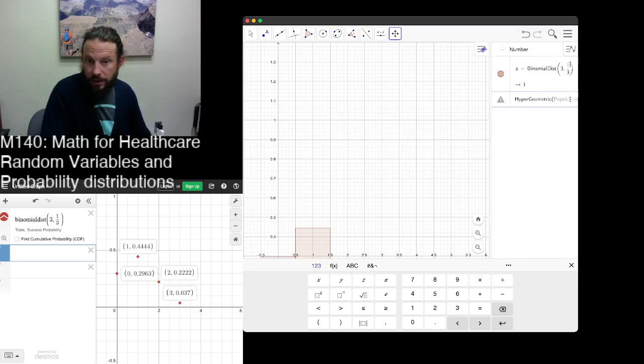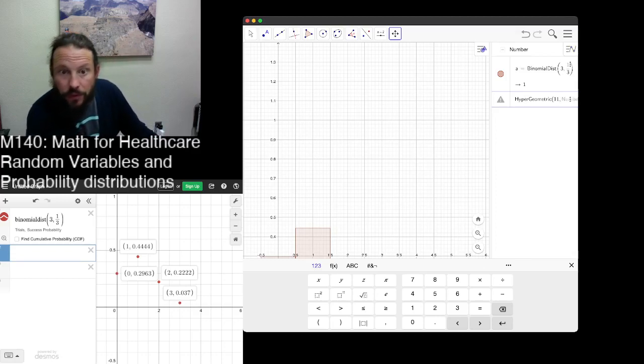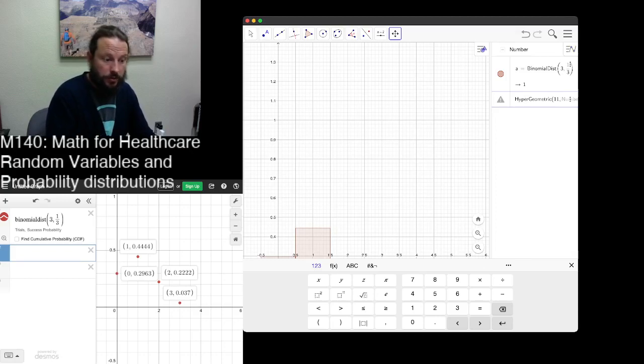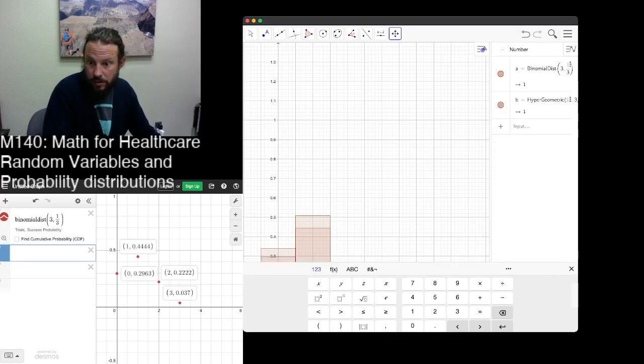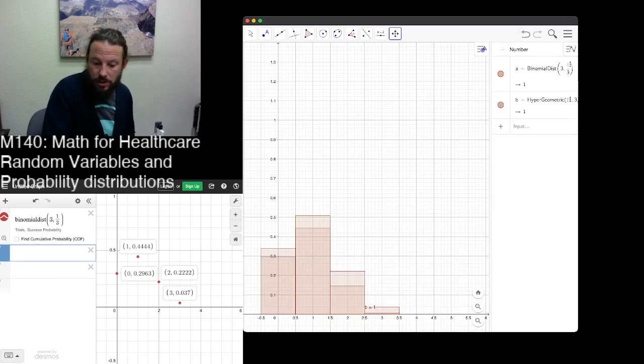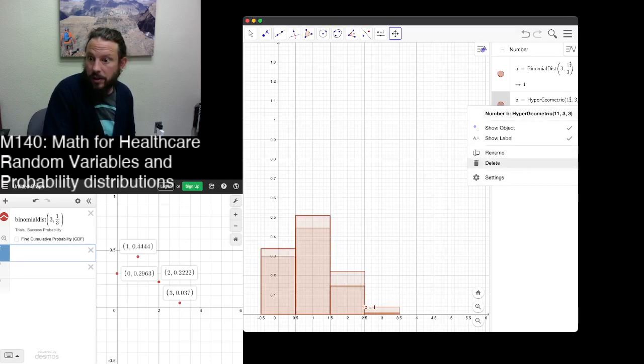And here it's a little different. The population size, well, I have 11 monitors. The number, well, we have 3 defective ones, right? Notice getting a defective, we're actually kind of calling a success here. And we're pulling out 3 of them.